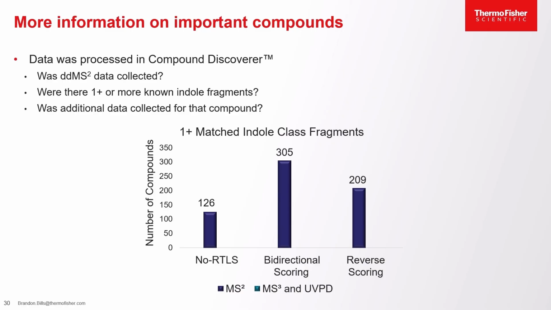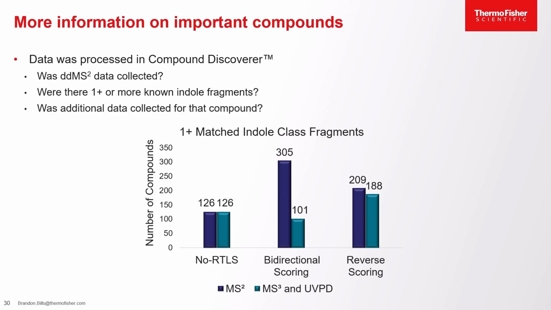If we look at the number of those likely indole compounds that actually had MS3 or UVPD data collected on them, we see that bidirectional scoring, which is looking for an exact match, missed a lot of those compounds. No RTLS found a lot of them. In fact, every compound that triggered MS2 triggered these additional scans, so it makes sense they're the same number.